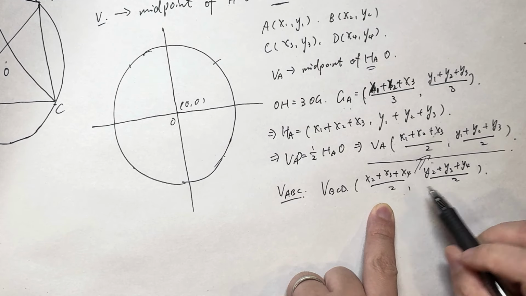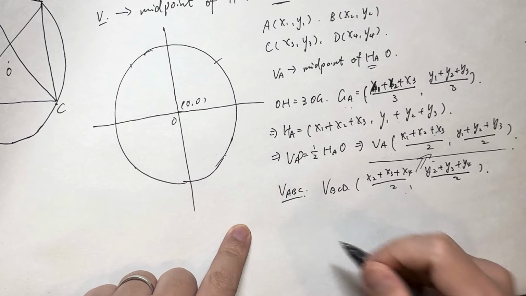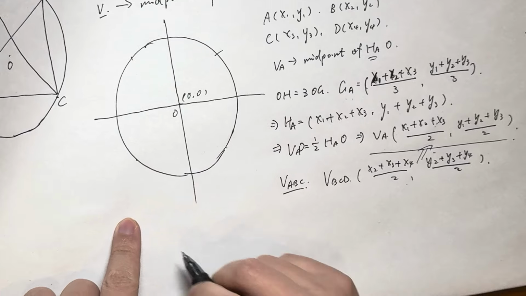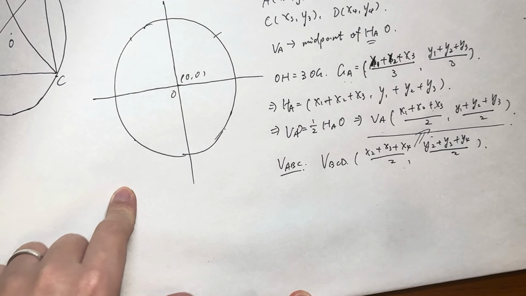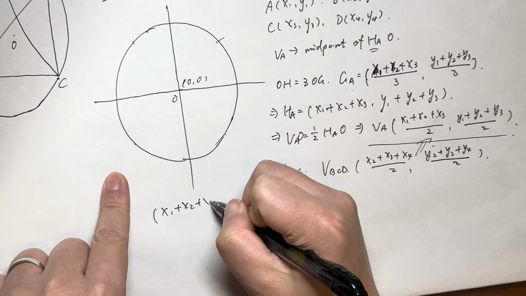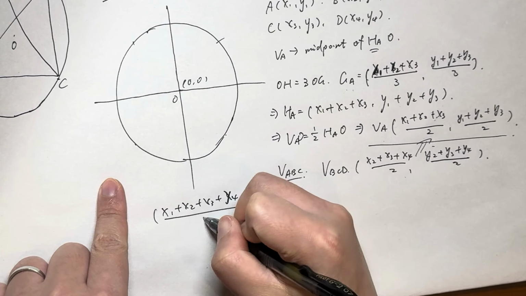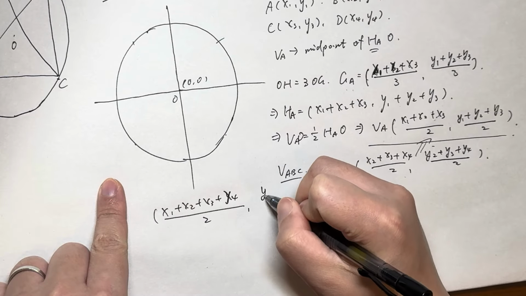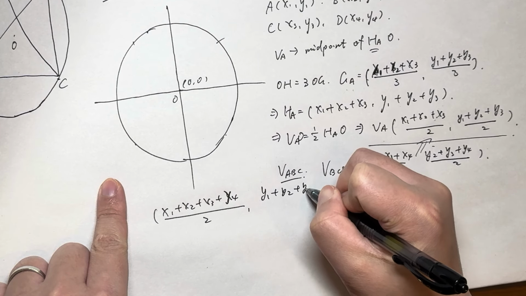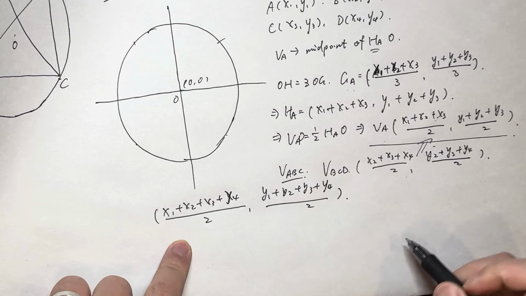It excludes x1, y1. So think about the point (x1 plus x2 plus x3 plus x4) divided by 2, and (y1 plus y2 plus y3 plus y4) divided by 2.